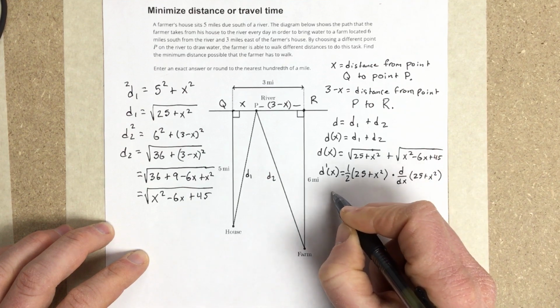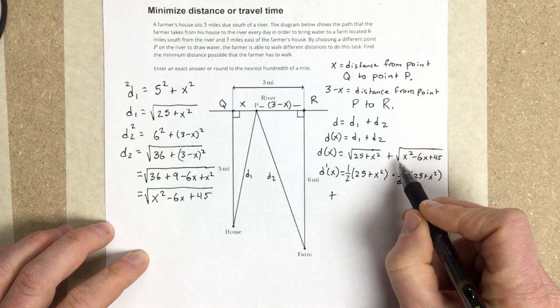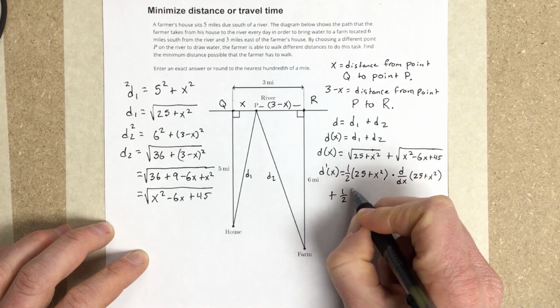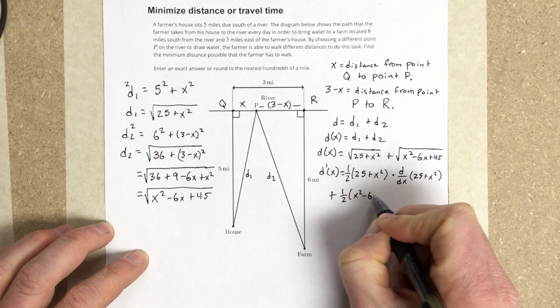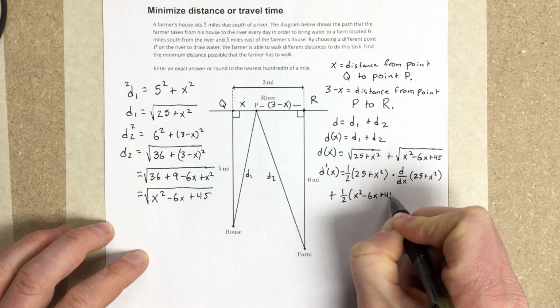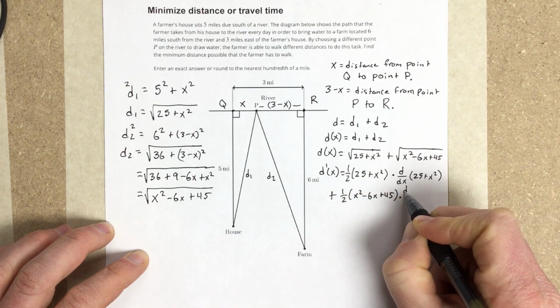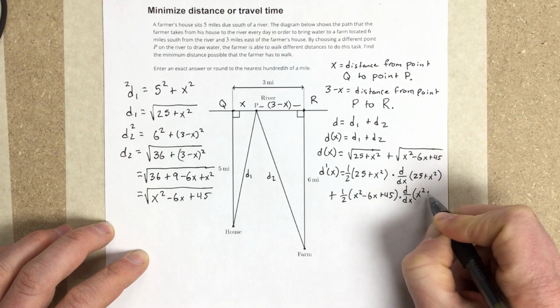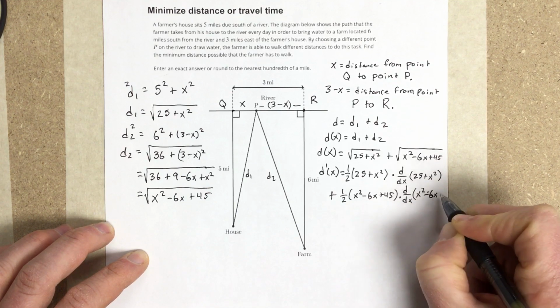And then that's going to be added with, if we do the derivative of this, we get 1/2 (x squared minus 6x plus 45) times the derivative of the inside.